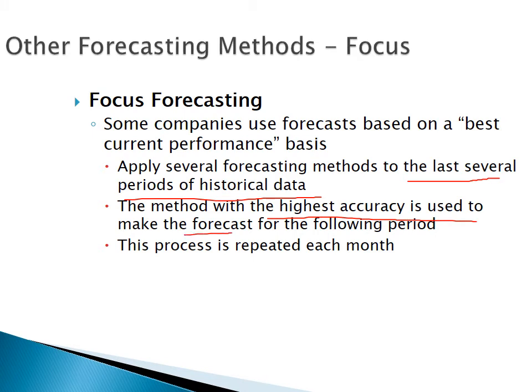So we basically try out different methods, and whichever gives more accurate information, we try to implement that technique. And the process is repeated every month. That is, we try different techniques and see which one suits the business organization most.